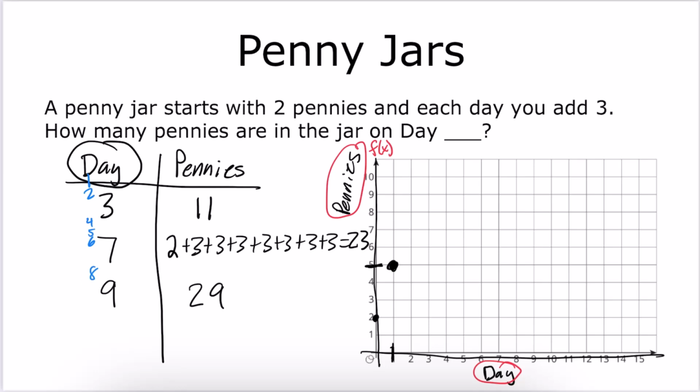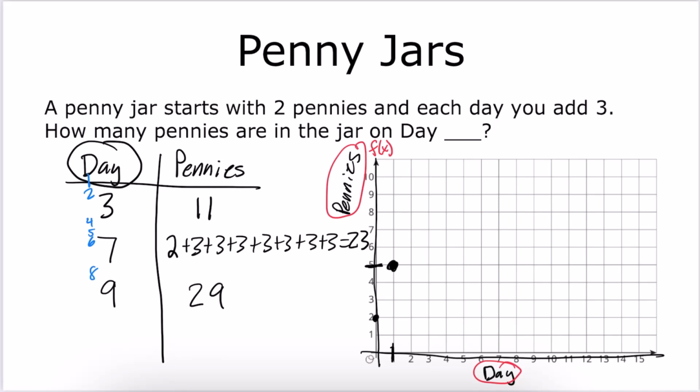Like technically, you could switch the day number and the penny number to be on different axes, and the graph that would be produced would still represent the situation. It just wouldn't be in the way that mathematicians typically represent functions. But when you're first introducing this to your students, it's fine to let them choose to put it on either axis.